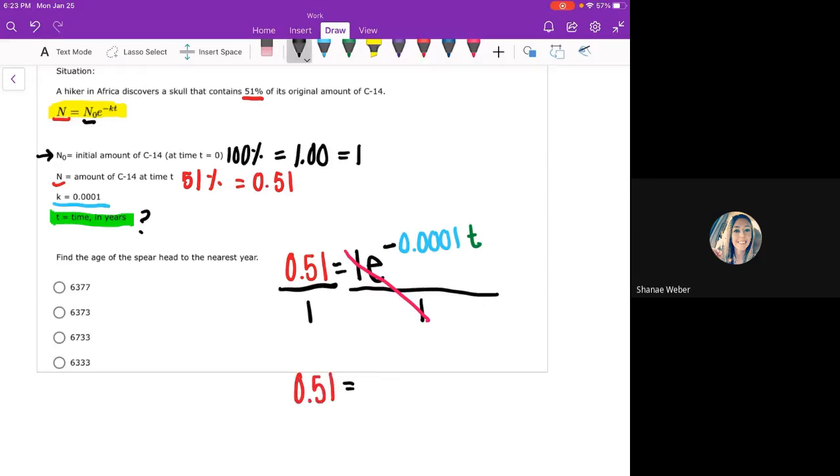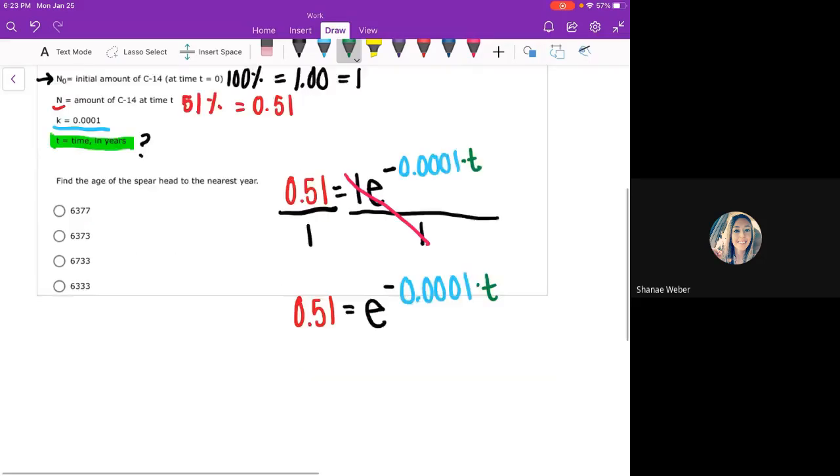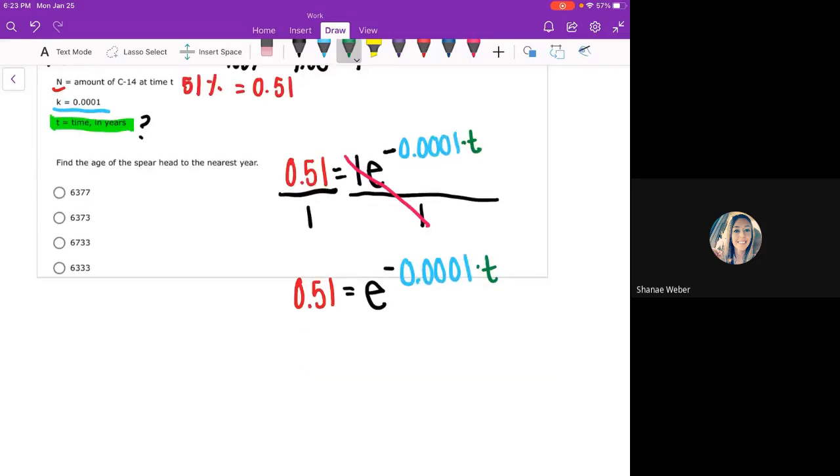And that equals e to the negative 0.0001, and I'm going to even put a little multiplication sign here. Oops, I missed a 0. 0.0001 times t. So our t is still in that exponent, and we really don't want that. So we need to get rid of that e and bring that exponent down.